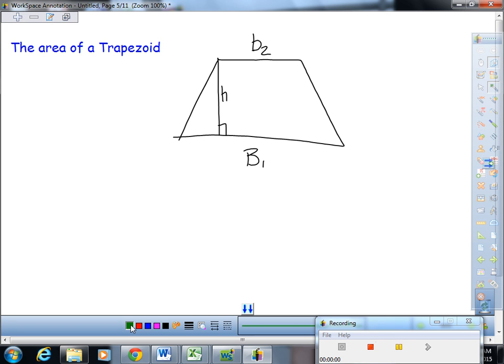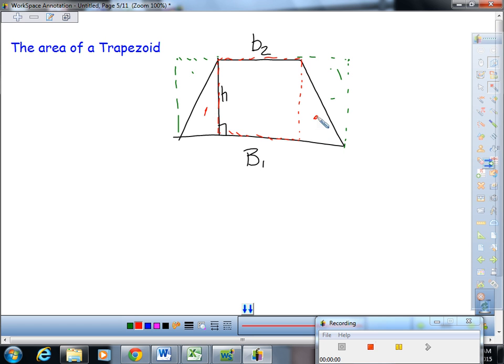If I use the bottom base, the bigger base, and I multiply by the height, it would give me the area of this rectangle, that green rectangle. And that would clearly be too much area because we have some stuff here, some stuff here. So that would be too much. But if we use the smaller base and multiply by the height, that would find the area of this red rectangle. And now that would be too little. We wouldn't account for this area and this area.